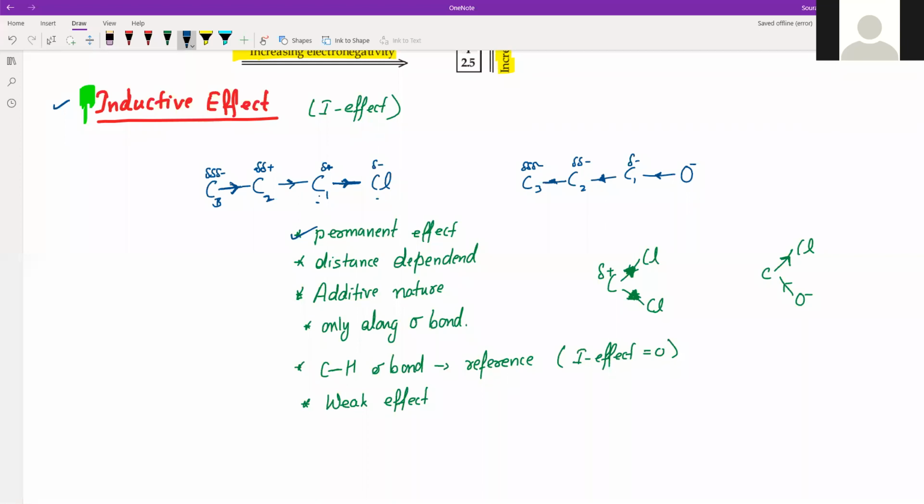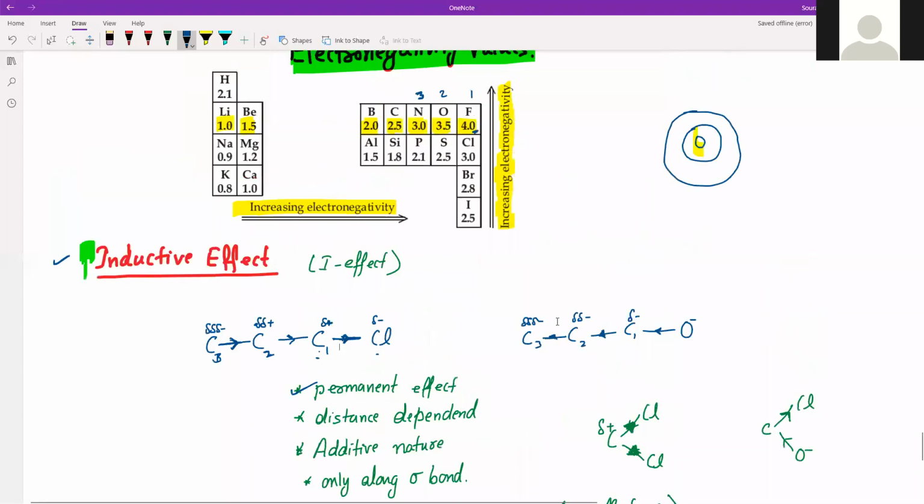As we can see here by the arrow, we have tried to show that the bonded electrons shift towards the more electronegative atom. Due to the shifting of the electron cloud, a dipole is created between the two atoms.